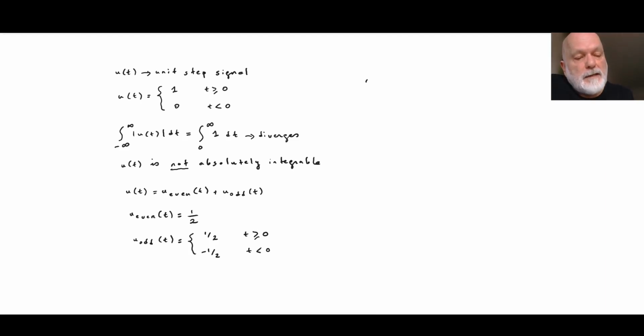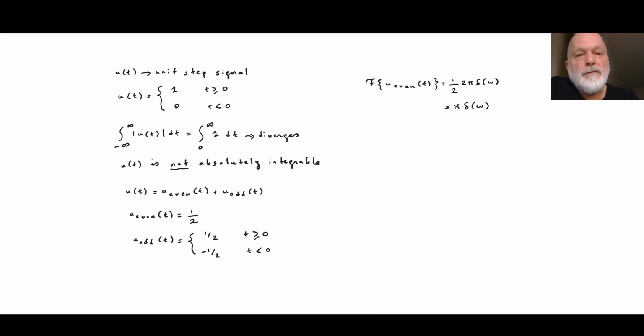Now the Fourier transform of the even part of u(t) is 1 over 2 times the Fourier transform of 1, which is 2 pi delta of omega. So this becomes pi delta of omega. And here we observe that now we have an infinite magnitude of the Fourier transform at omega equal to 0.